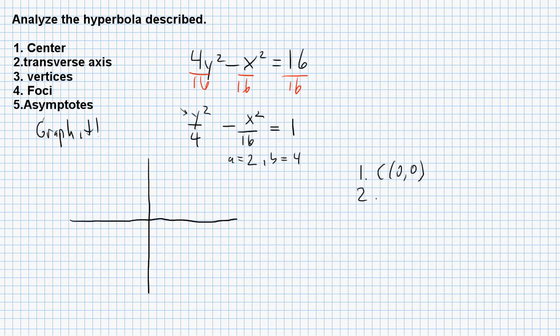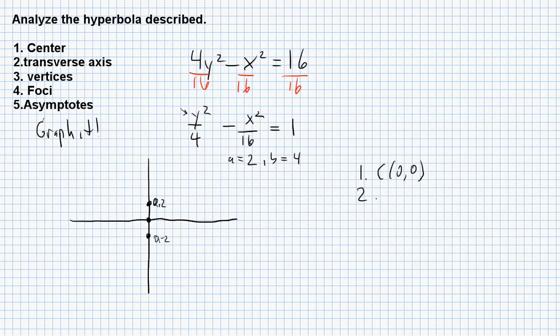So I'm going to go up 2 units to place the vertex, and then down 2 units to place the other vertex from the center point, 0, 0. So we might as well go ahead and label those points: that's 0, 2, and this is 0, negative 2, and that's the origin 0, 0.